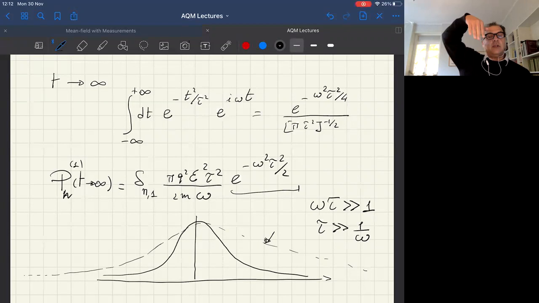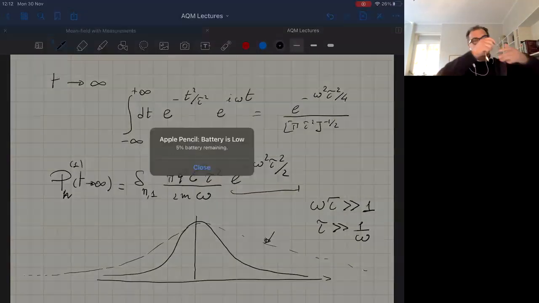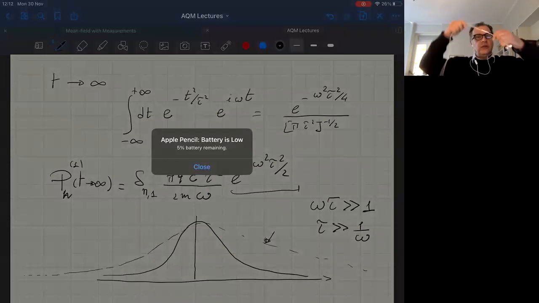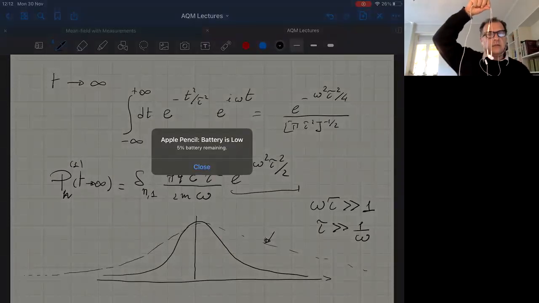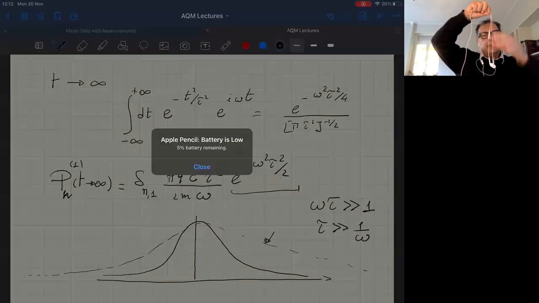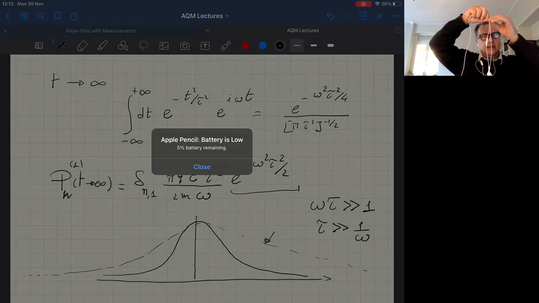Or here is a simpler, more clear example. Do you see these headphones? Imagine that this is a harmonic oscillator. You need some imagination because this is not clear.